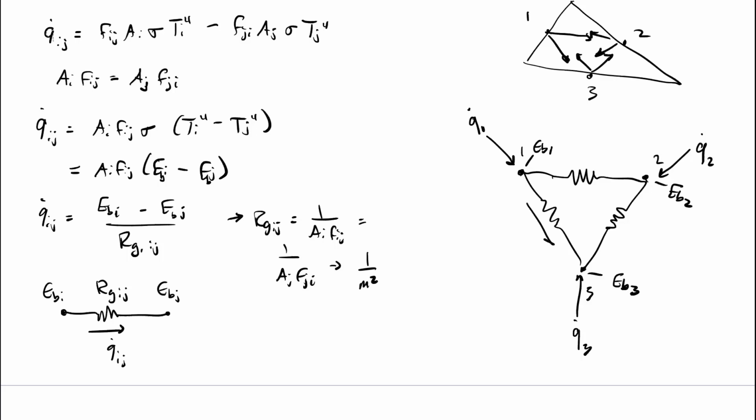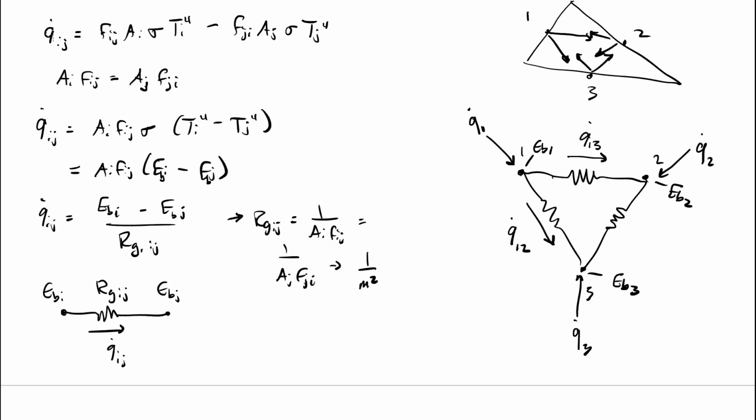Heat flow between nodes here would be Q̇1,2, so there's a double index going between 2 specific nodes. Q̇1 could also go to 3, so we'd call this Q̇1,3. And it must be true that Q̇1,2 and Q̇1,3 have to add up to Q̇1.